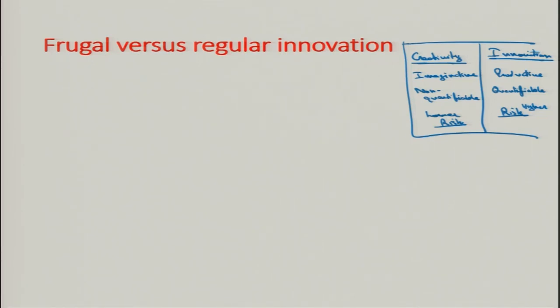In general innovation, we have a number of ideas, R&D departments keep on working on their projects, and they produce a number of prototypes, and there is high cost involved. I would say frugal is a low cost innovation in this case.